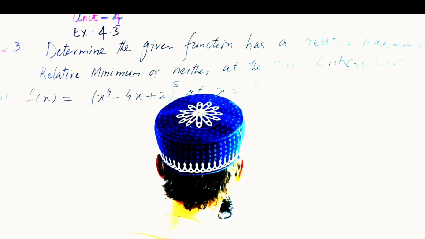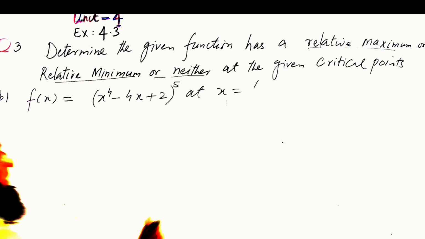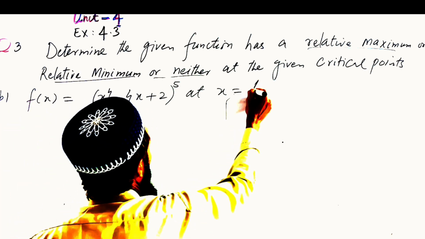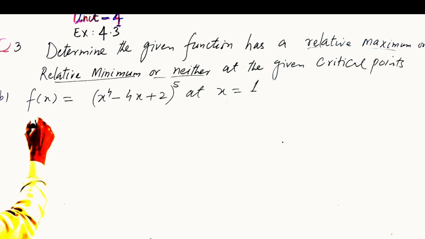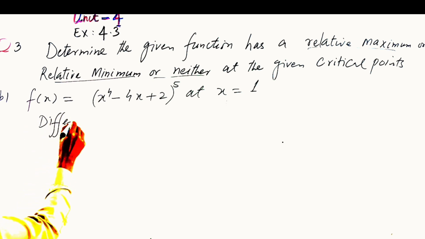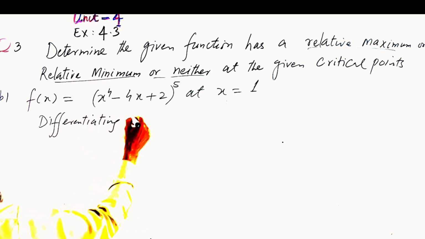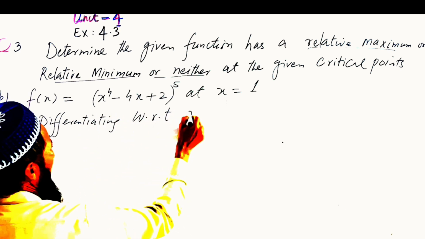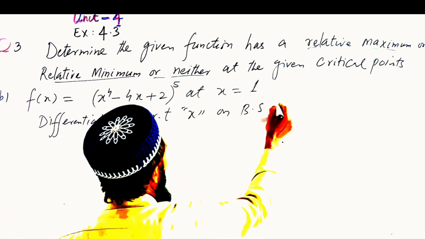So first of all we find the value for the critical points at x is equal to 1. At x is equal to 1 we are differentiating with respect to x on both sides of the equation.